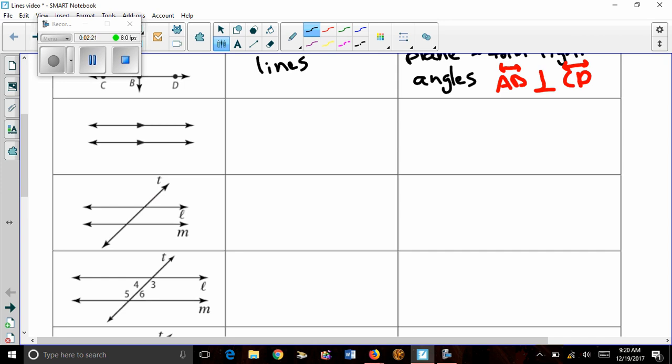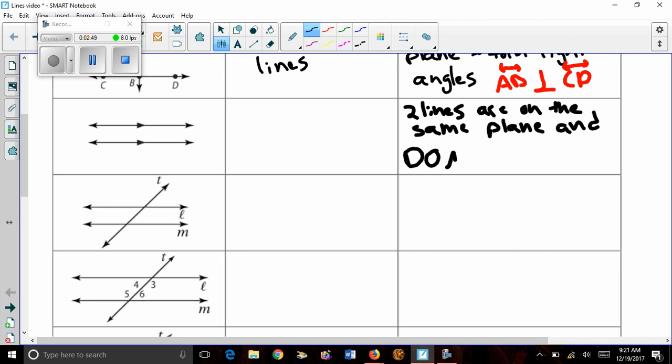Well, when two lines are on the same plane, and do not intersect, we call them parallel lines.